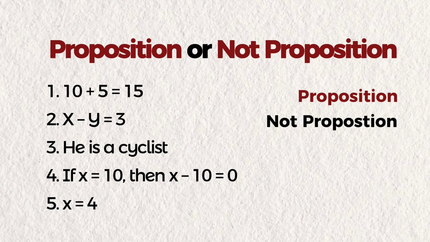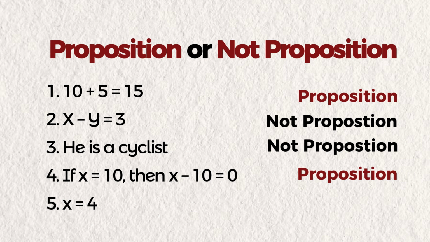Number 3, not a proposition. The person mentioned is not specific. Number 4, proposition, because we can determine the answer since the value of x is given. Number 5, not a proposition. We don't know if x and 4 are equal or the value of x is 4.